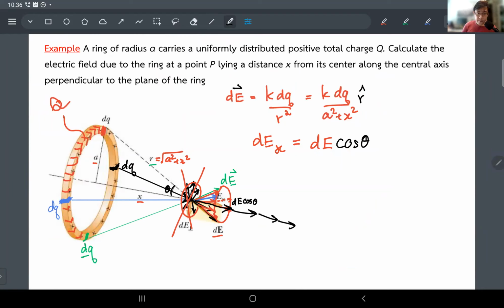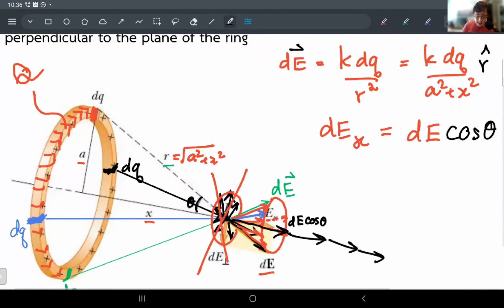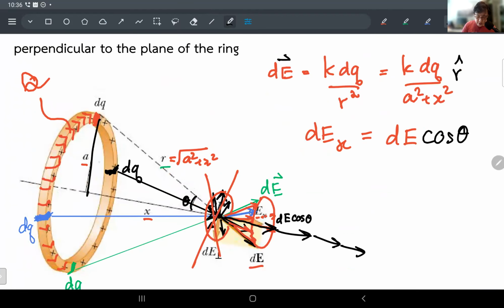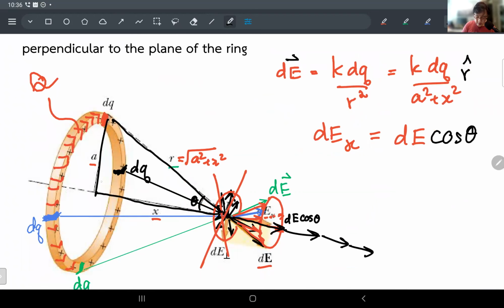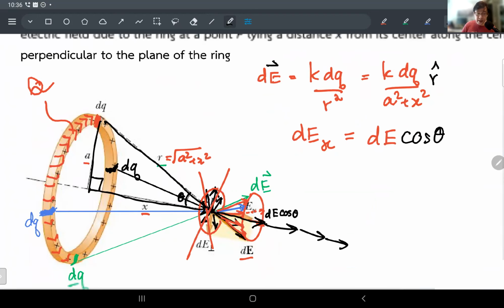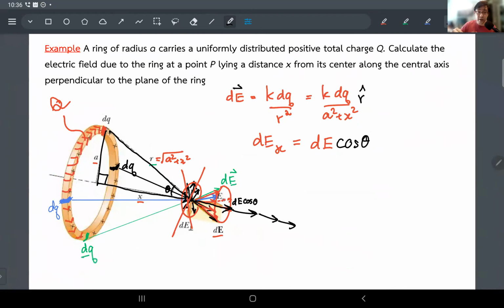And this cosine theta is known, because if you look at the right triangle that you have over here, that defines the theta, cosine theta is just the adjacent over hypotenuse. So cosine theta over here is just going to be x over r. That's a known value and it's fixed.